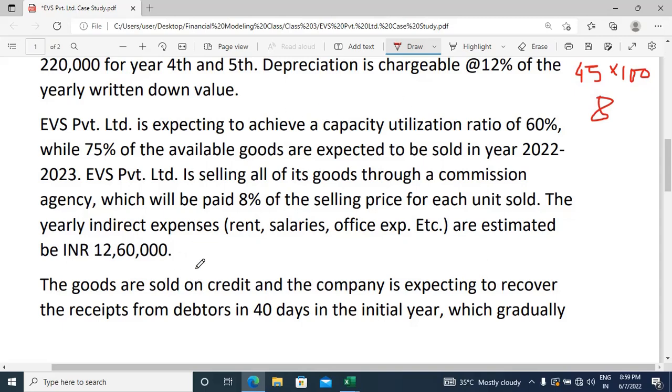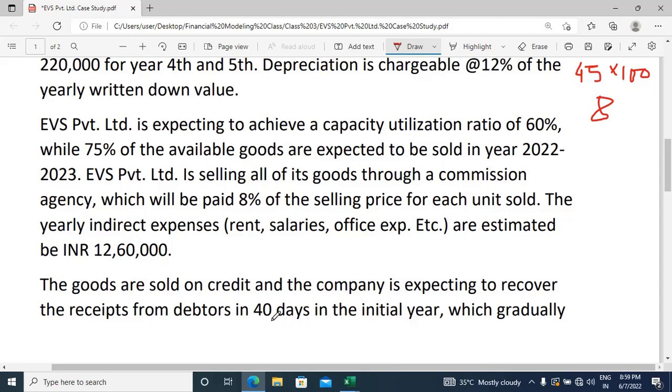So, let's say on 1st of April they will sell the goods to ABC Private Limited, who is the customer. Customer ABC Private Limited will pay the money to our company EVS: sold on 1st of April, will pay back on 10th of May.